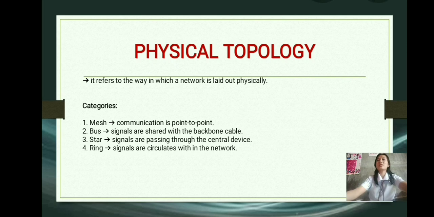So, next is the star. When we talk about star, signals pass through the central device. For more information, each device in the network is connected to a central device called a hub. Unlike mesh topology, star topology doesn't allow direct communication between devices. A device must communicate through the hub.